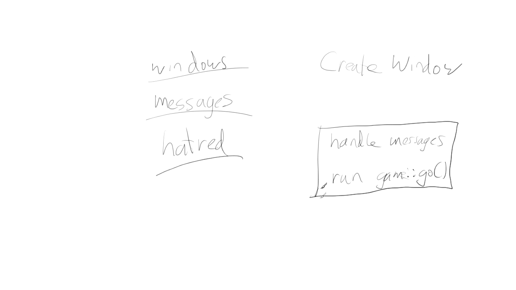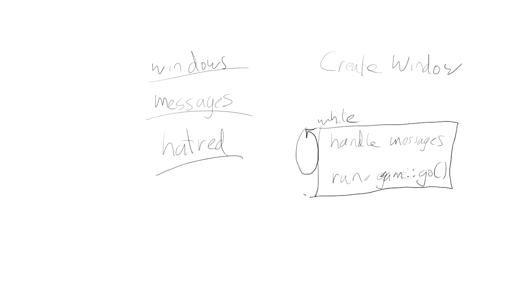So you have to have a loop. This is a loop here. It's a while loop, right? And you continually check for new messages from Windows, like button presses or keyboard, mouse moves and stuff like that. And if you have any of those messages, you handle them. And you also run the game loop.